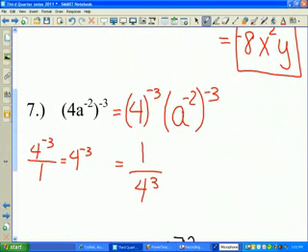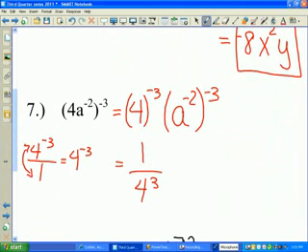Every time you have a number and you just see the number, you can put it over 1. In order for me to get rid of that negative exponent, I'm basically doing what's called the reciprocal, when I flip it. So now my 1 is in my numerator and the 4 to the positive cube is in my denominator.